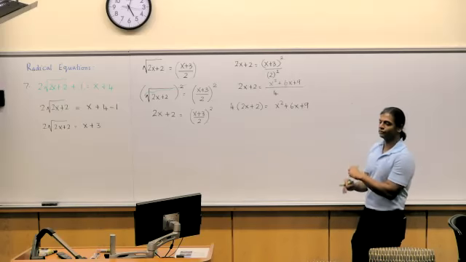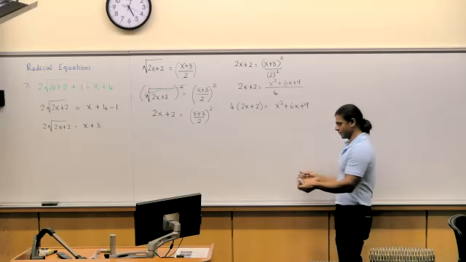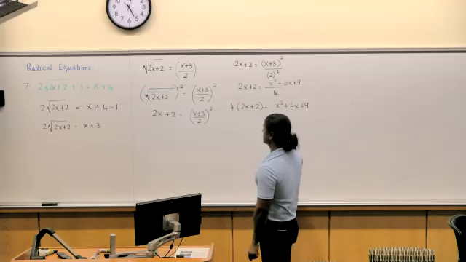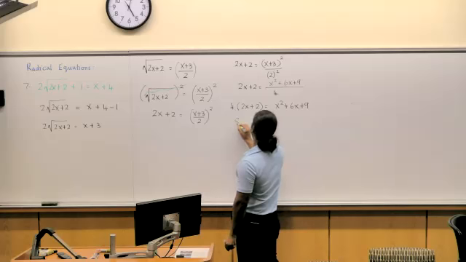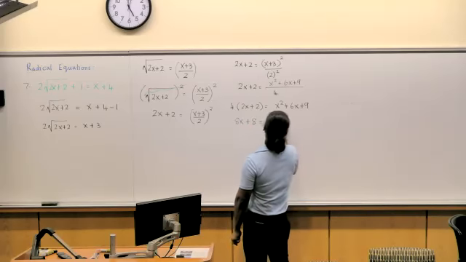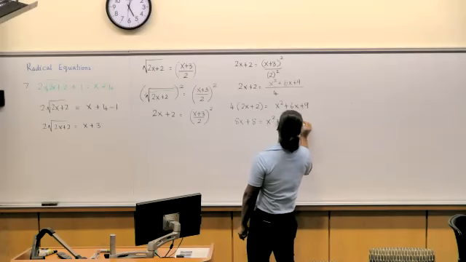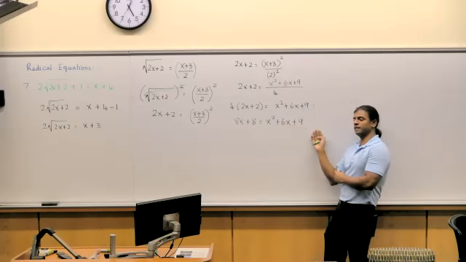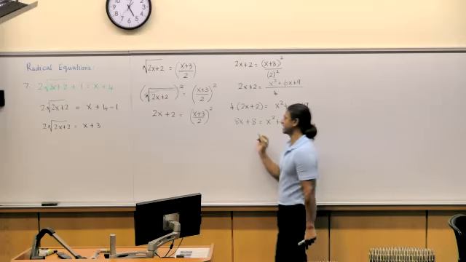Now we just have to rewrite it as a quadratic equation and factor so that we can solve. 8x plus 8 equals x squared plus 6x plus 9. Move all the terms to one side, keep the number on the other.